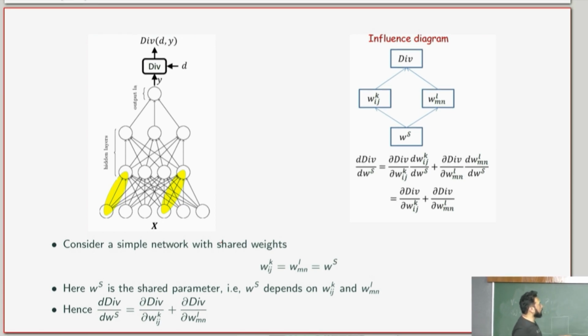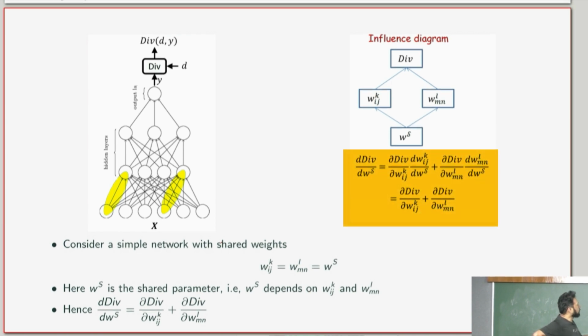We can use calculus: if the function depends on two variables and the arrows go like this, then by the chain rule I take the derivative of this with this, and then this with this, and then sum, because they are combining here.